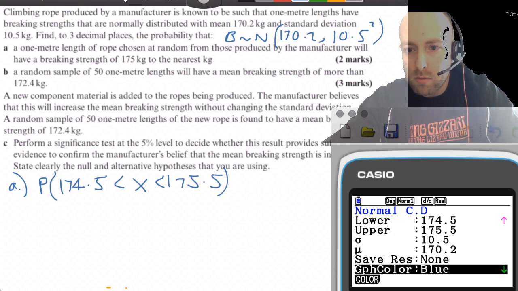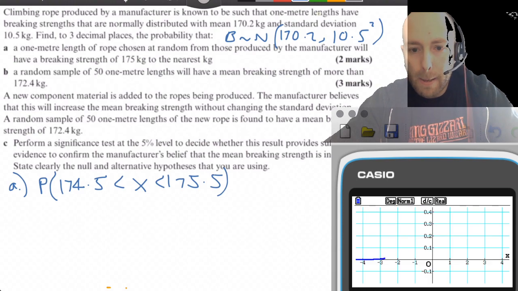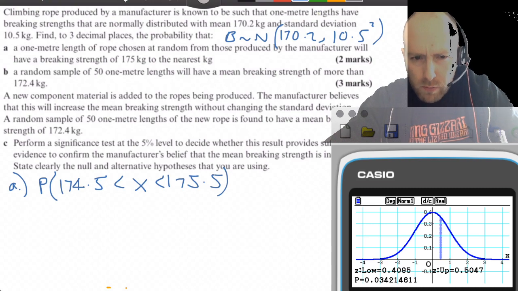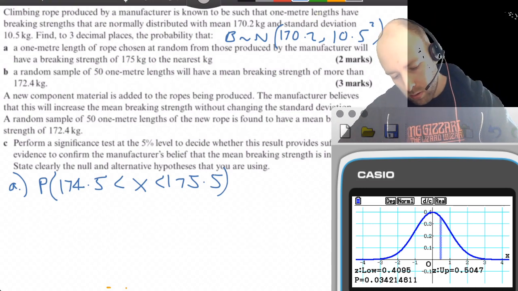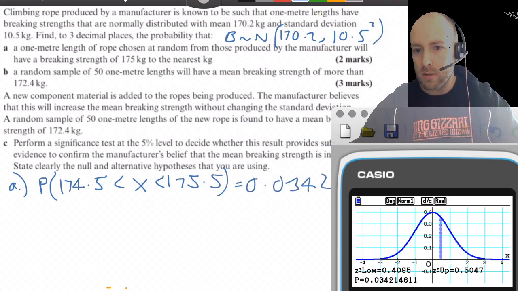Cool, execute. We'll draw it as well, always. So it's that little bit there. And we get 0.0342, as you guys all suggested.